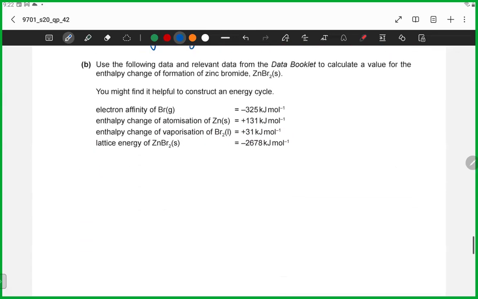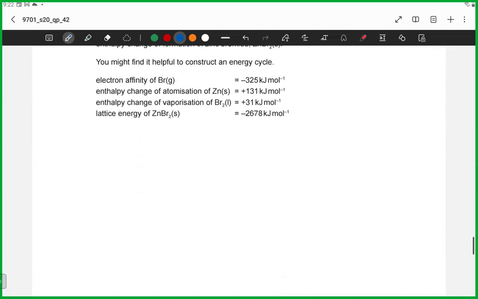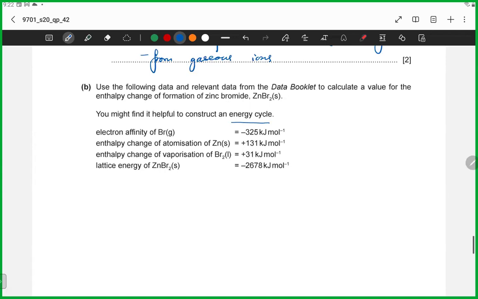So this question is about the Born-Haber cycle. You have to probably construct the Born-Haber cycle. Starting with, what are you looking for? We're looking for the value for enthalpy change of formation, right?